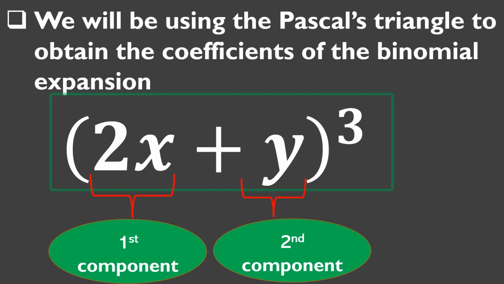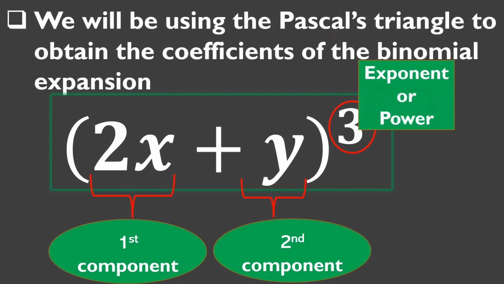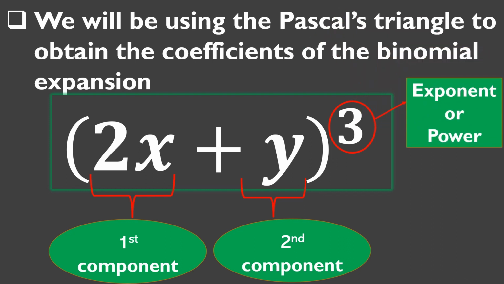When you combine the two algebraic expressions, 2x plus y, you have a binomial. And since we are now raising it to the power of 3, because 3 is the exponent or power, we will have a binomial expansion.